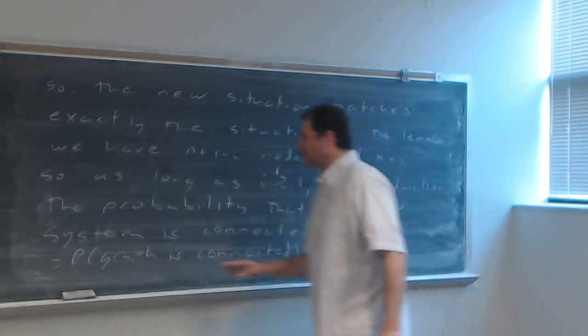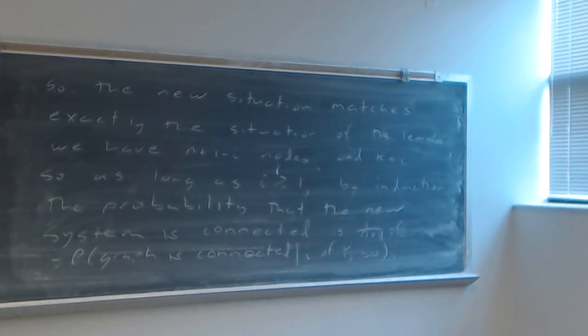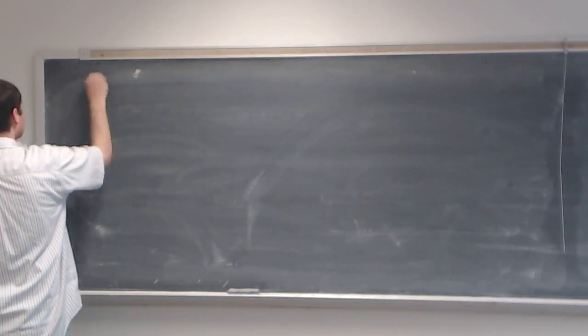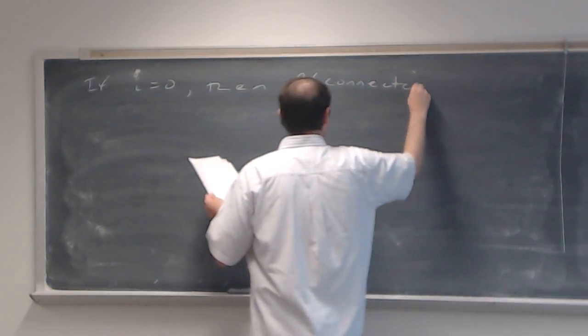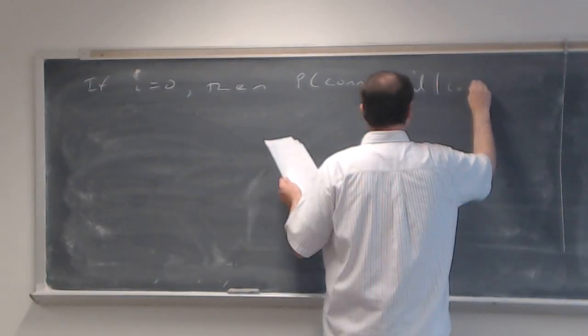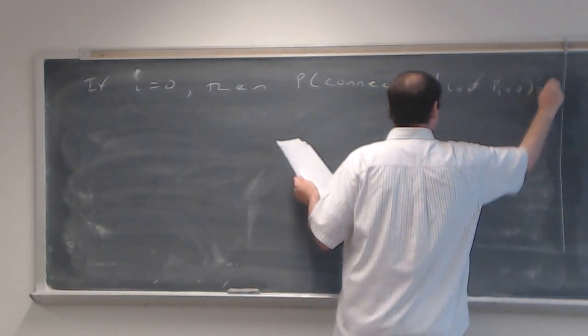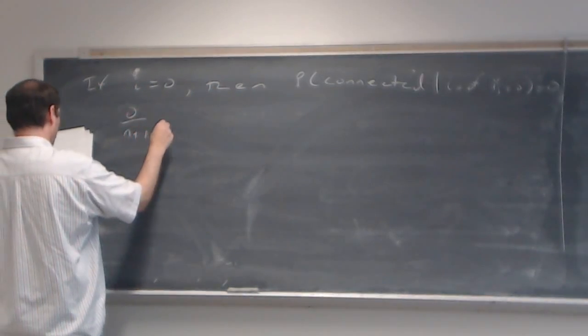Now, what about if I is equal to 0? If I equals 0, then the probability of being connected, given exactly I of the y sub j's equal to 0, is 0, which we could think of as 0 over n plus 1, which equals I over n plus 1.